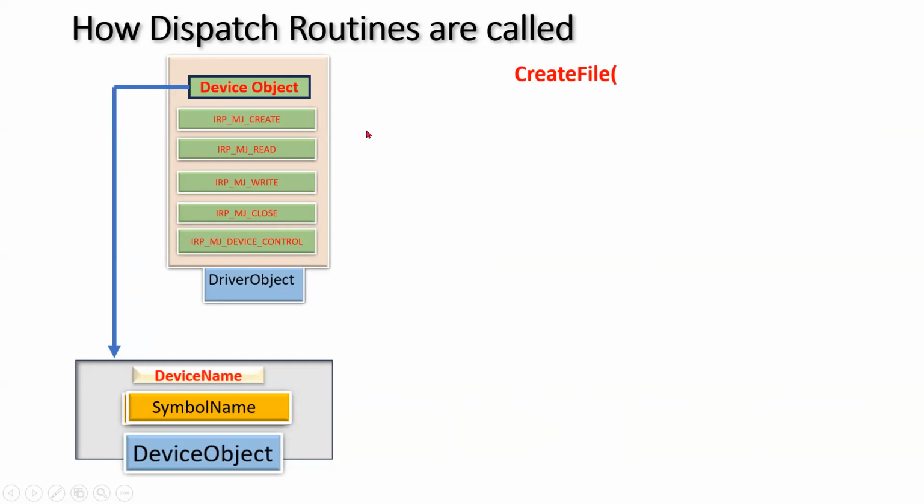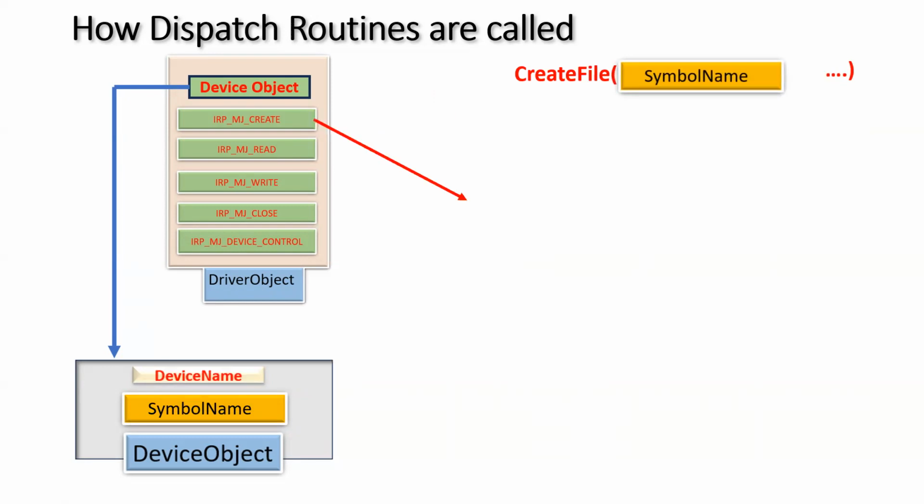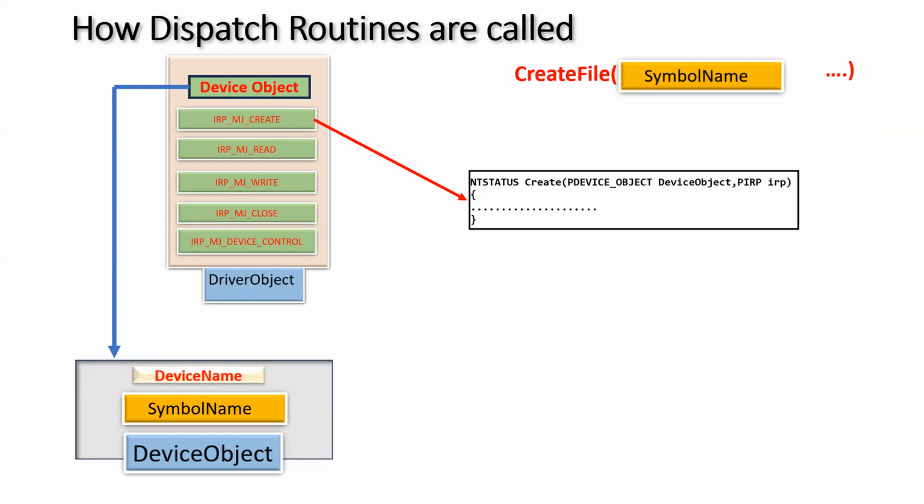Whenever you want to call something inside the driver, you need to use the CreateFile API with the parameter as the symbolic name of the device object, and CreateFile invokes the function associated with the IRP_MJ_CREATE dispatch routine.